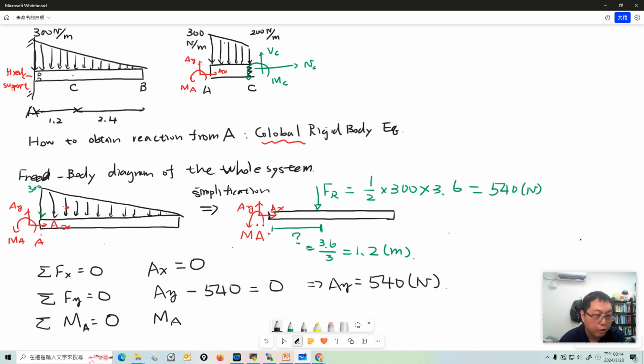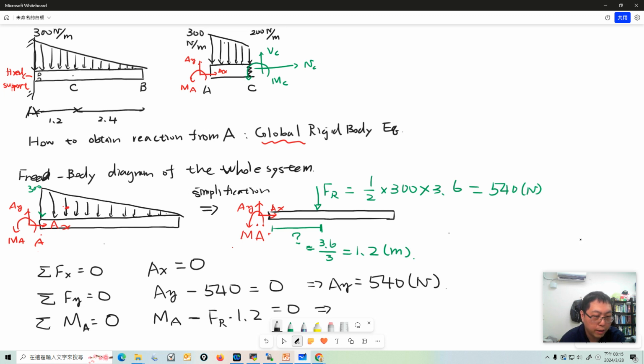FR also creates a moment with respect to A. The force points down, so it creates a clockwise moment. FR times the lever arm 1.2, and actually it's negative because it's clockwise, equal to zero.